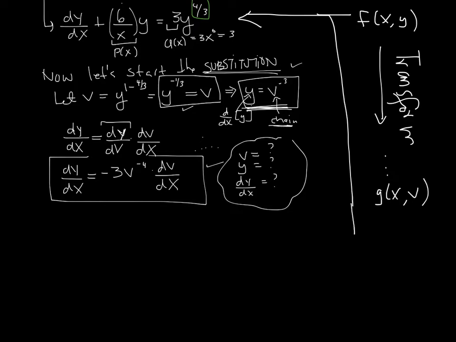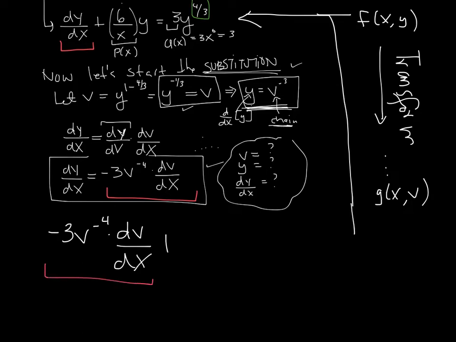Well, I have a dy dx right here. So we have negative 3v to the negative 4th times dv dx. That's my dy dx, plus 6 over x times y. Well, what was our y?